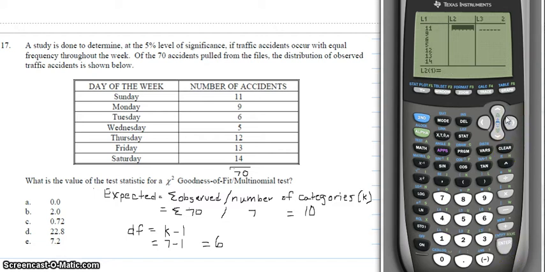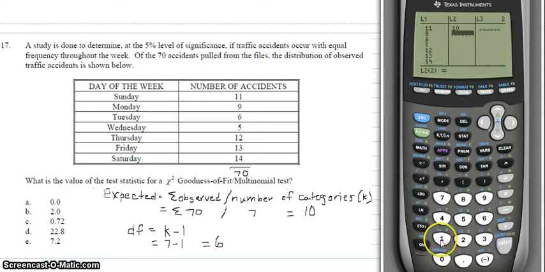Our expected number is going to go into L2. Remember, we said our expected for each day was 10. We found that by entering the total number observed, dividing by the number of categories. So we'll enter 10 in our L2.